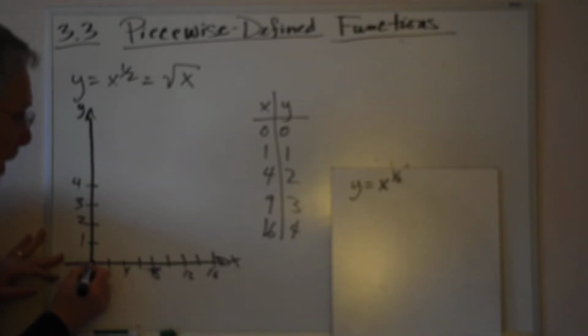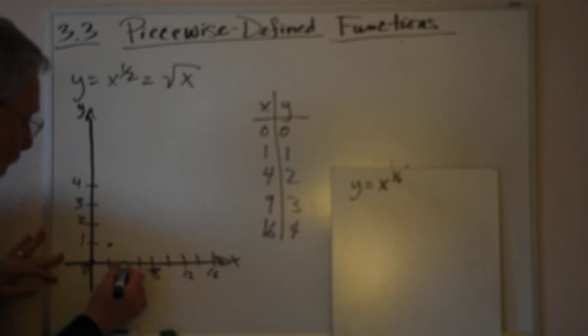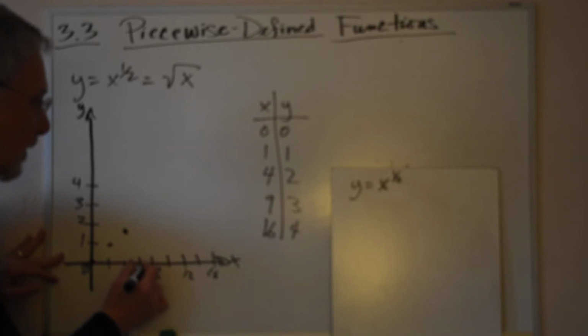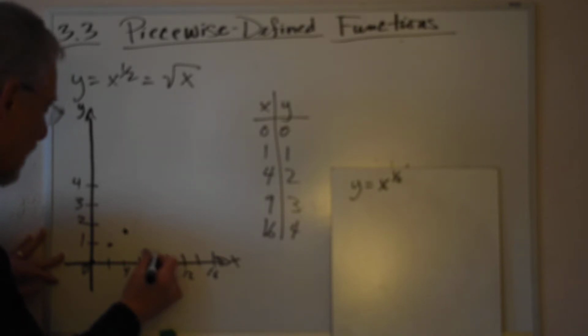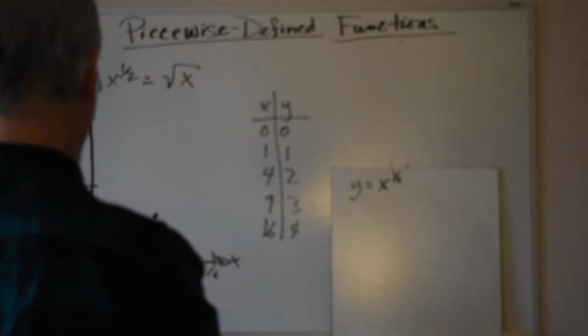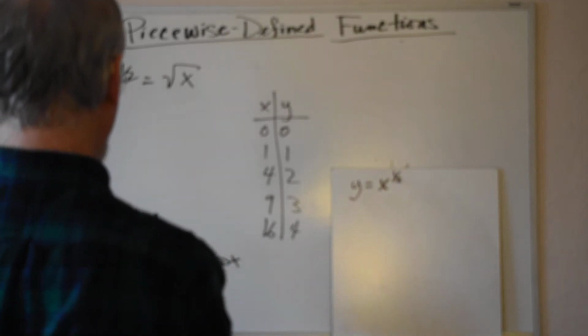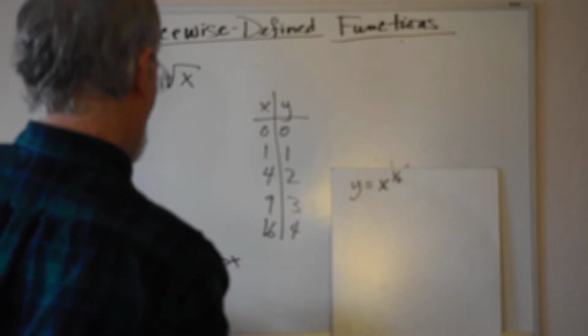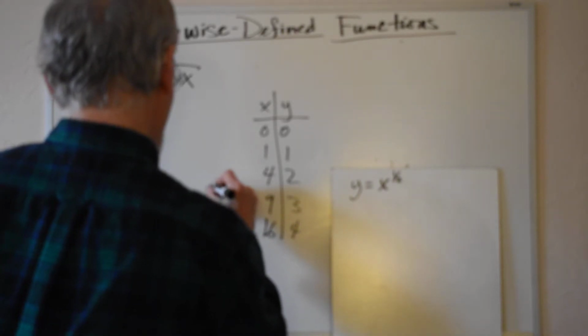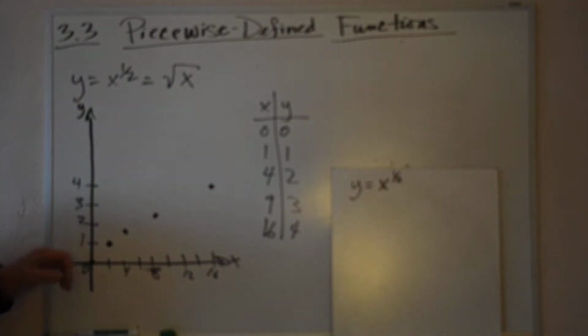So 0, 0, 1, 1, 4, 2, 9, 3, 16, 4. We're starting to see a pattern.